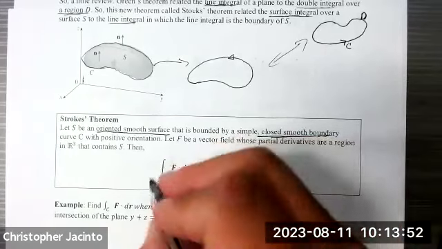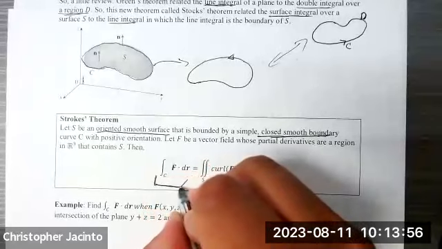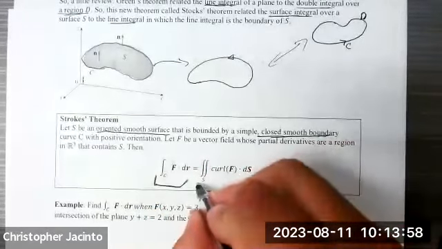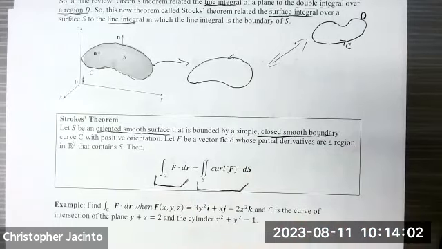Therefore, this is the key thing. The line integral is equal to the double integral over the surface of the curl of the vector field. That's the interesting part.